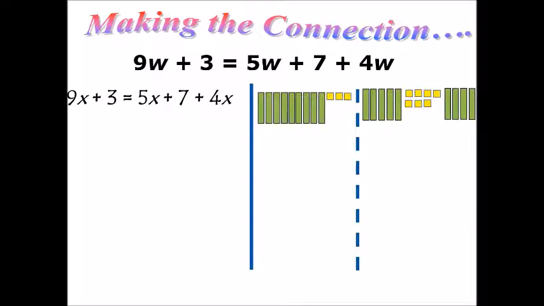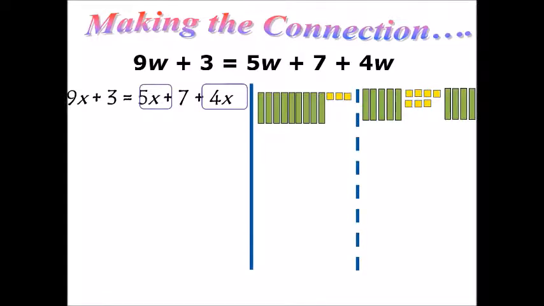Our first step is always to look to see if there are any like groups of tiles that can be combined on the left-hand side or on the right-hand side. If you notice, you have your 5x's and your 4x's on your right-hand side that can be put together as one larger group. When we put those together, we will simply bring down our simplified version of that problem.